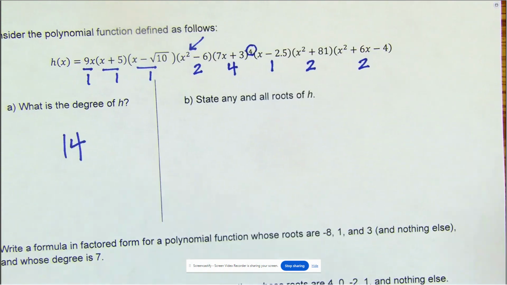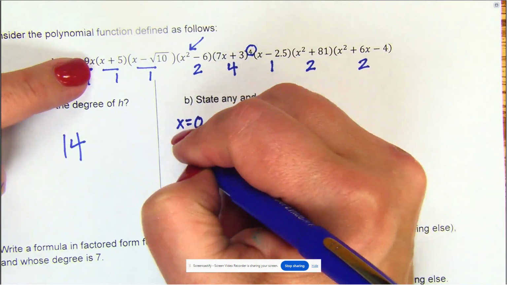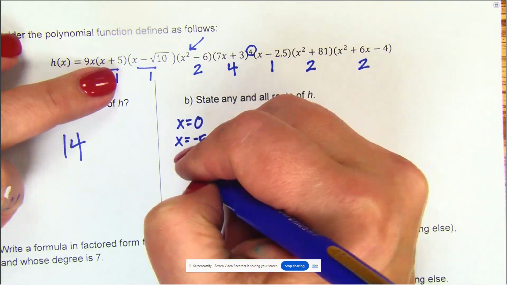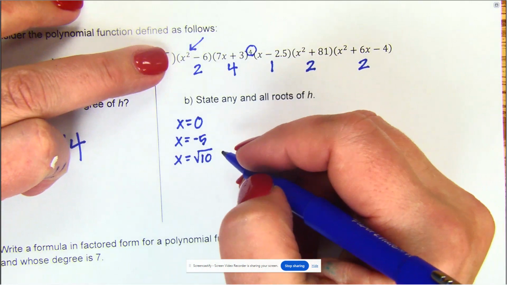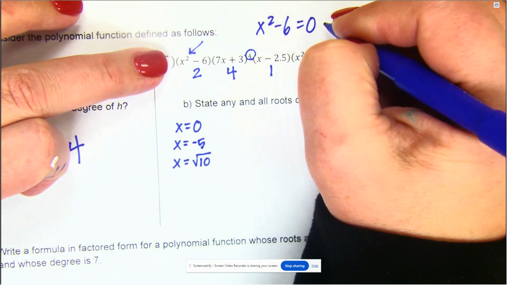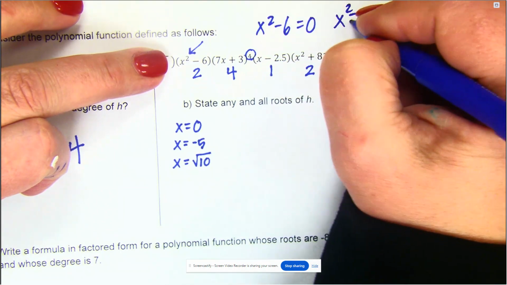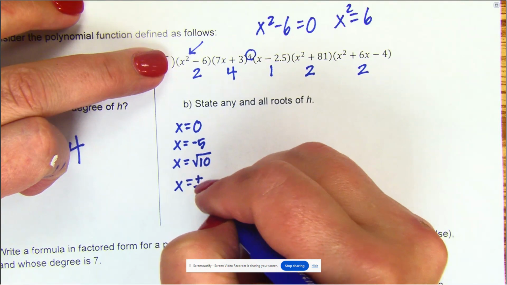So now the roots, we've got a lot here. So this one would be 0. This one would be -5. This one would be the positive square root of 10. This one, you would add 6, and then you take the square root, so you get 2 answers, plus or minus the square root of 6.